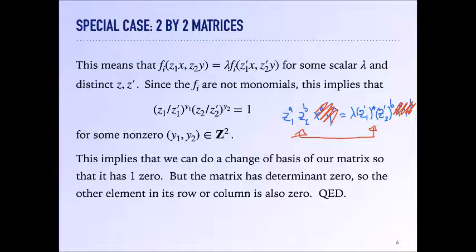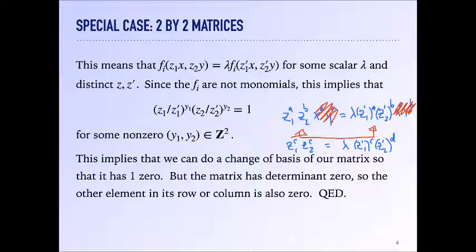And I said it's not a monomial, so there's going to be at least one other monomial. So there'll be some other equation like this with C's and D's, and it will be the same scalar lambda, right? Because it's just an equality of polynomials, and it's one scalar that's equating the two polynomials. Okay.